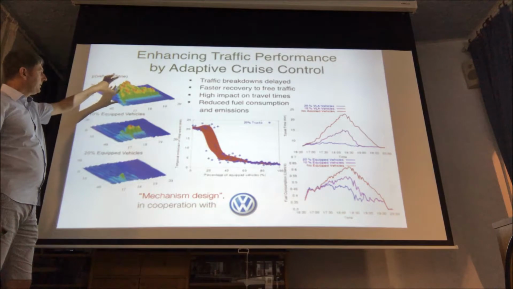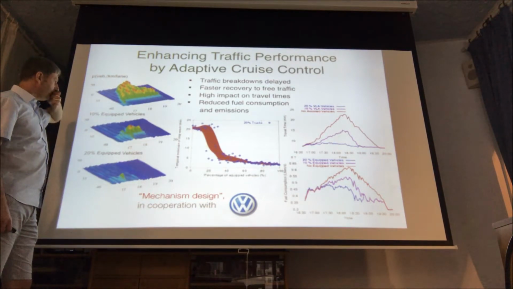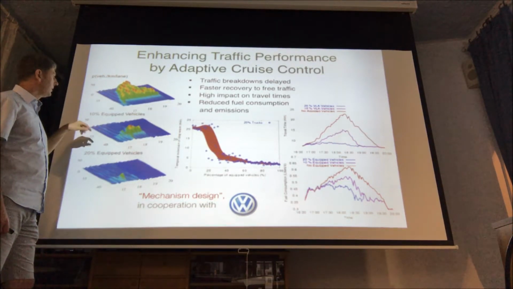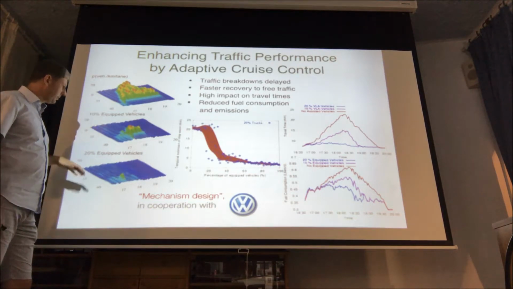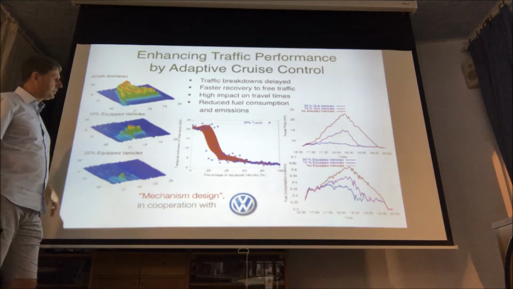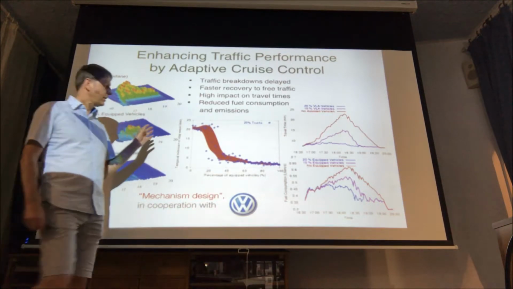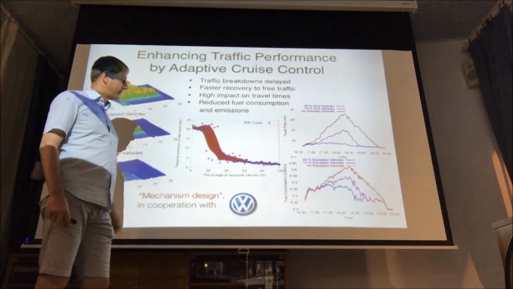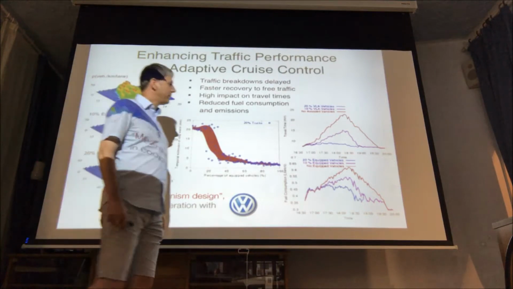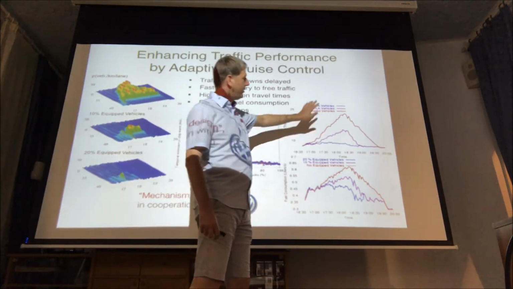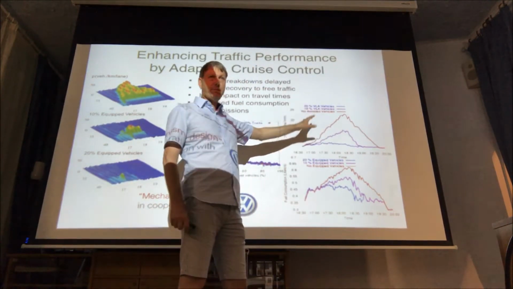So you can see that would be the congestion pattern without the adaptive cruise control. This with 10% equipped vehicles, this with 20% equipped vehicles. So the traffic jam basically goes away. Highly effective with a small equipment rate. A huge effect on travel times.